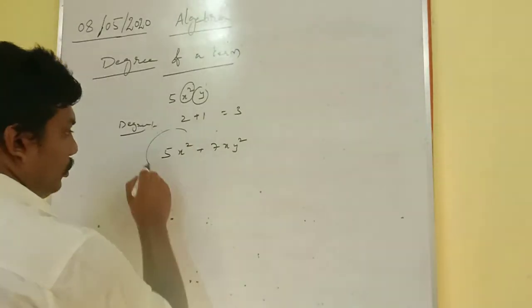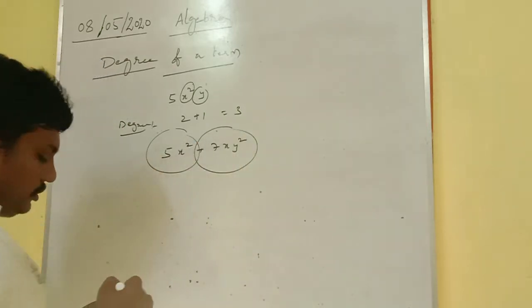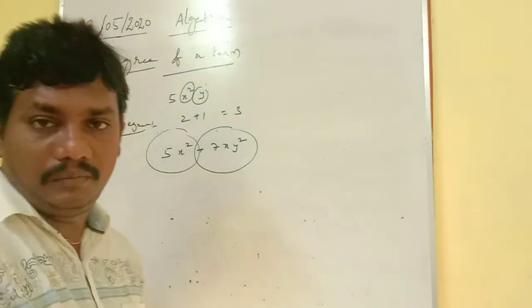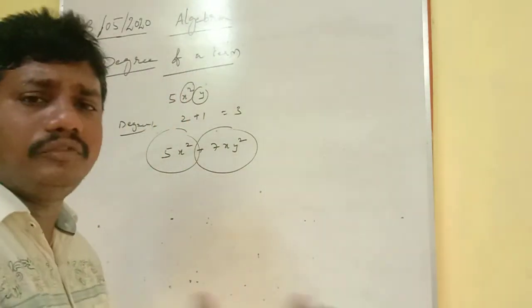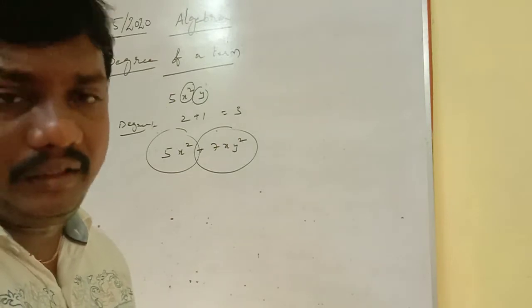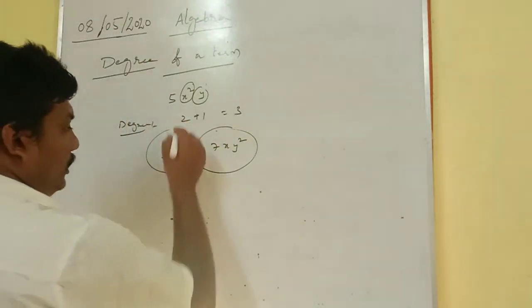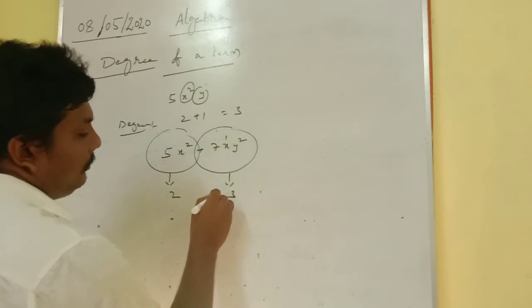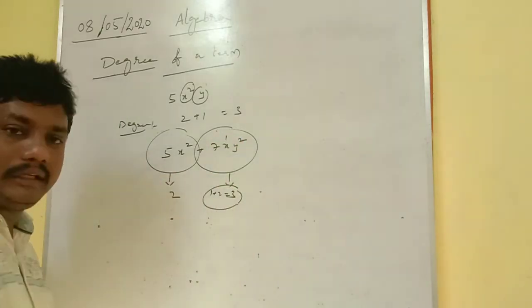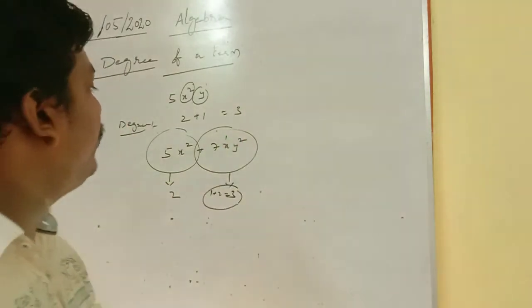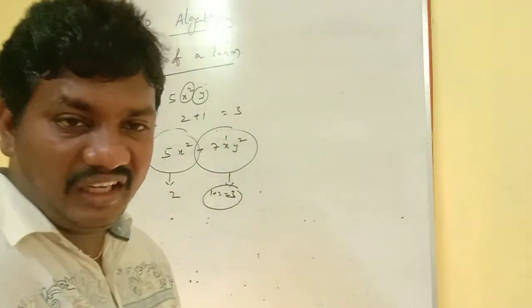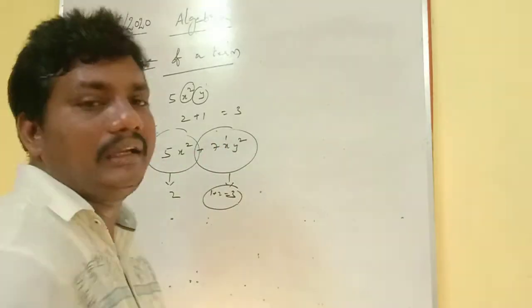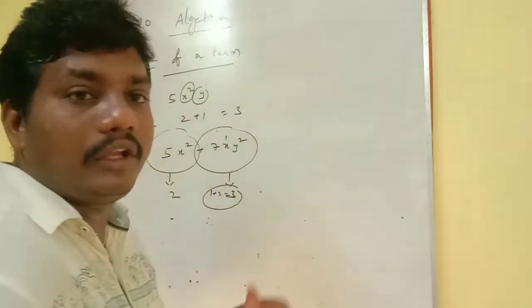The first monomial is 5x square, the second monomial is plus 7xy square. We have to find the degree of each monomial. Here the degree is 2, here the degree is 1 plus 2, that is 3. The degree is 3: the highest degree present in the monomials of the given expression.